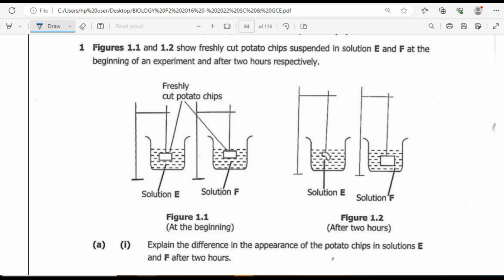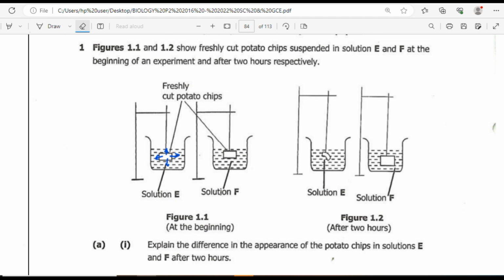Now let's take a look at these two solutions and what happened. So let's go to solution E. After 2 hours, we can see that the shape of the potato chip reduced in size, telling us that the cells of these potato chips lost water into the solution. So that's what happened.